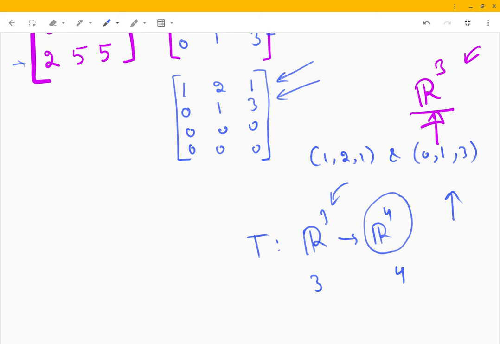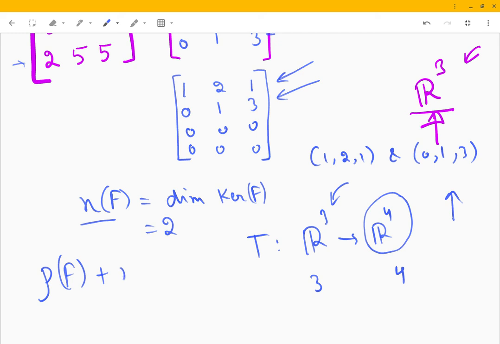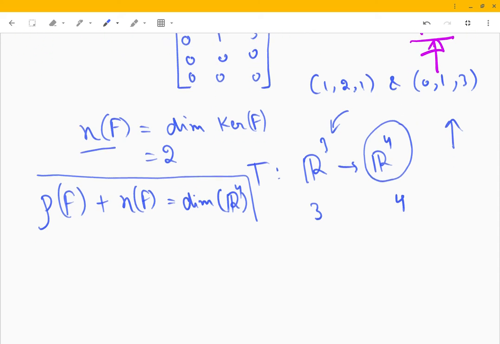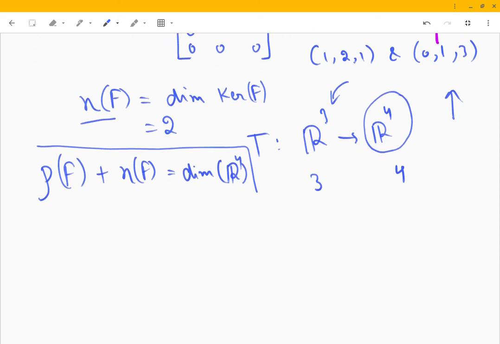Also see, the nullity of the transformation is the dimension of the kernel of f, the number of vectors that are mapping to 0, which is 2. So you can observe that the rank of f plus the nullity of f actually gives us the dimension of domain. This is an important result. Let me put it in words for a better understanding.